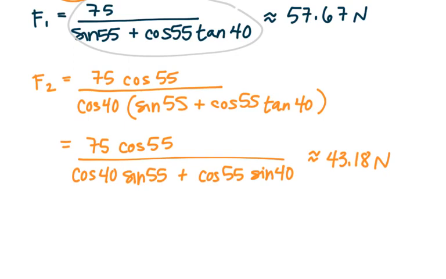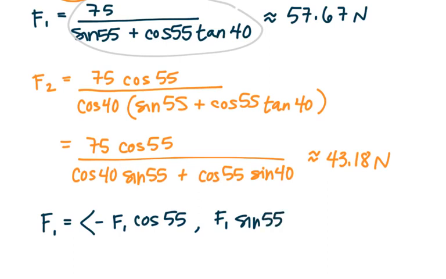Therefore, my force vectors, force 1, recall we said was negative force 1 cosine 55, force 1 sine of 55. Plugging that value in, we get approximately negative 33.08, comma 47.24. Running out of space.